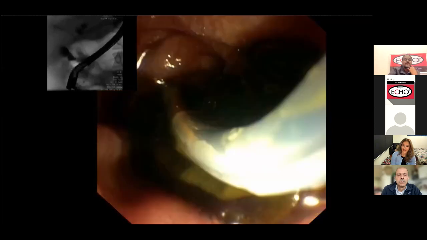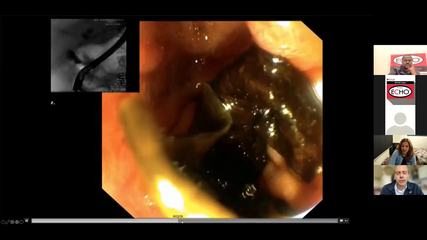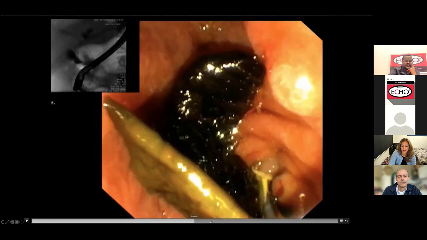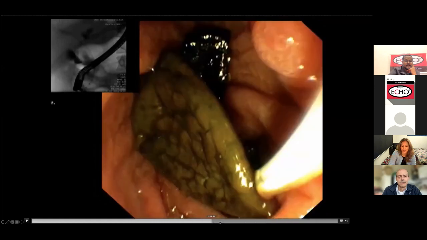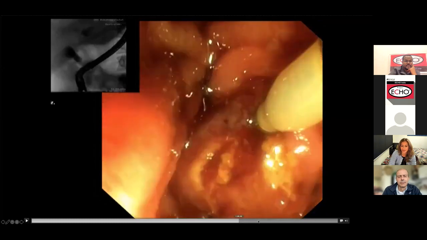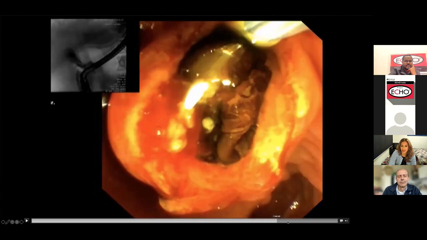So these large, weirdly shaped kind of masses emerge, and the duct is trawled and more of these things come out.